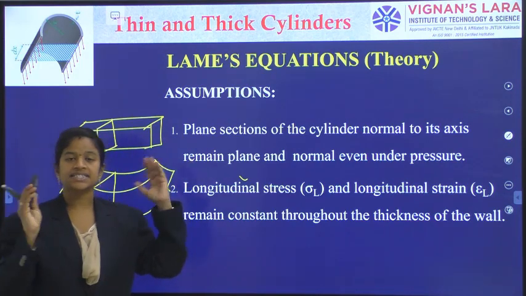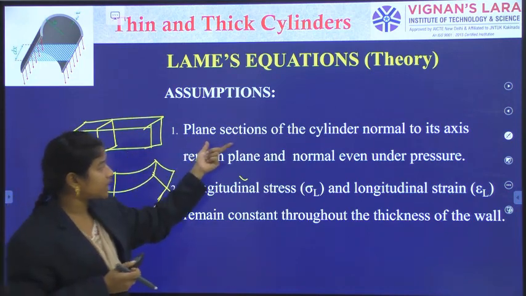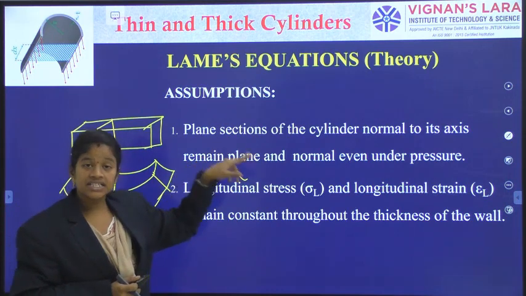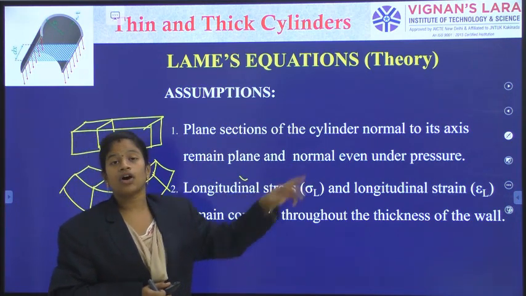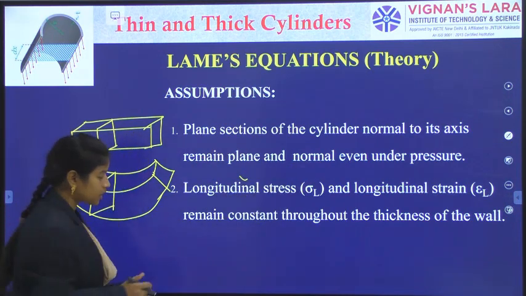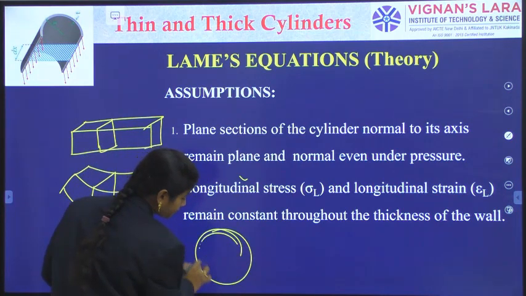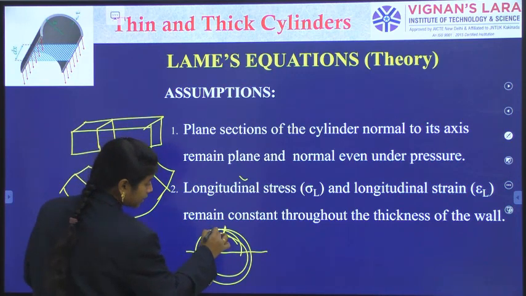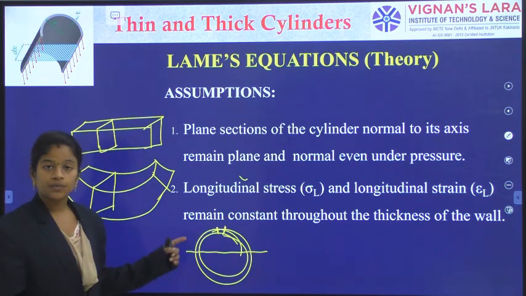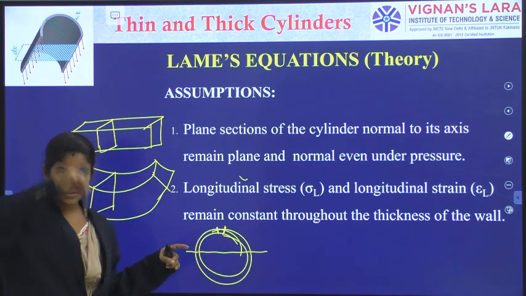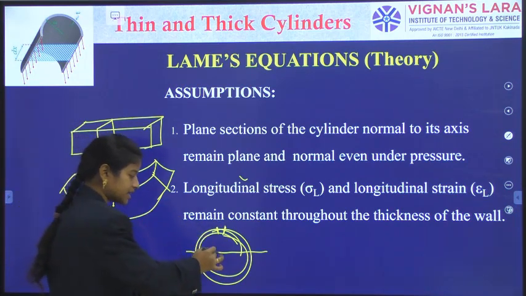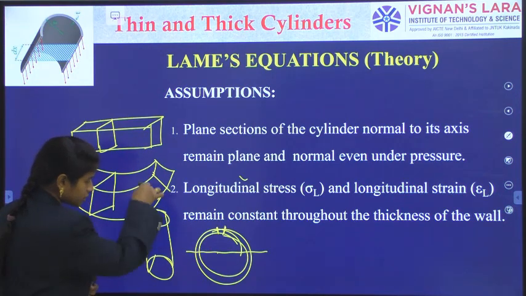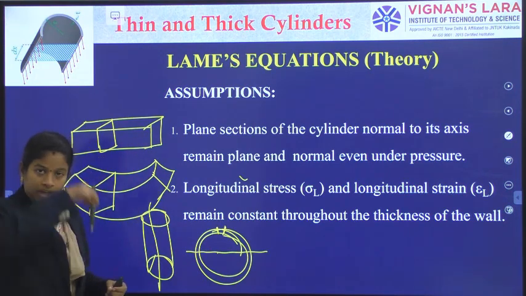Initially, every section of the cylinder along the thickness, the plane sections normal to the axis, remain plane and normal even after the pressure. When you observe the cylindrical container, the longitudinal direction is the axis of the cylinder.